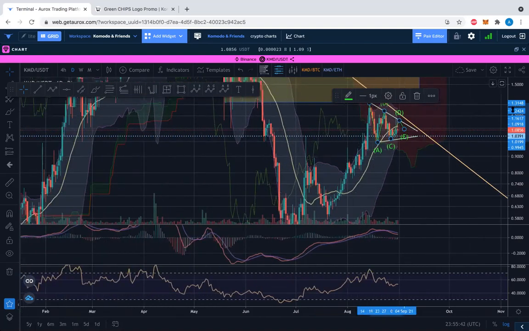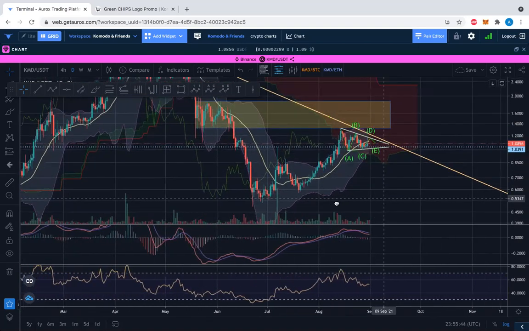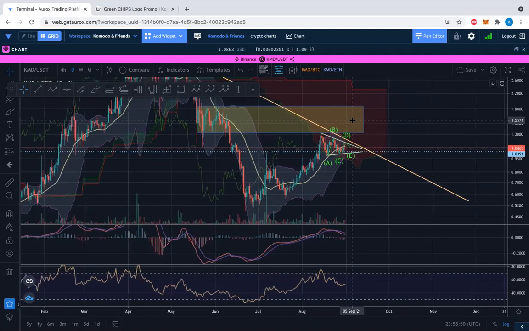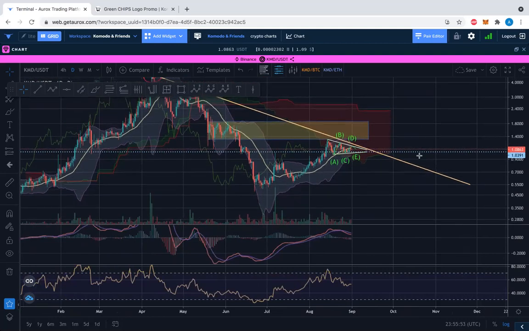This is the KMD USDT. So it just seems like we need one more move. However, this is a channeling action. So not sure, maybe we're starting a bigger degree. We're not quite out of the channel yet. And this might just be 1, 2. And now we're going to make a bigger version of 3 in a similar degree, this is going to be a 3 and a 4.